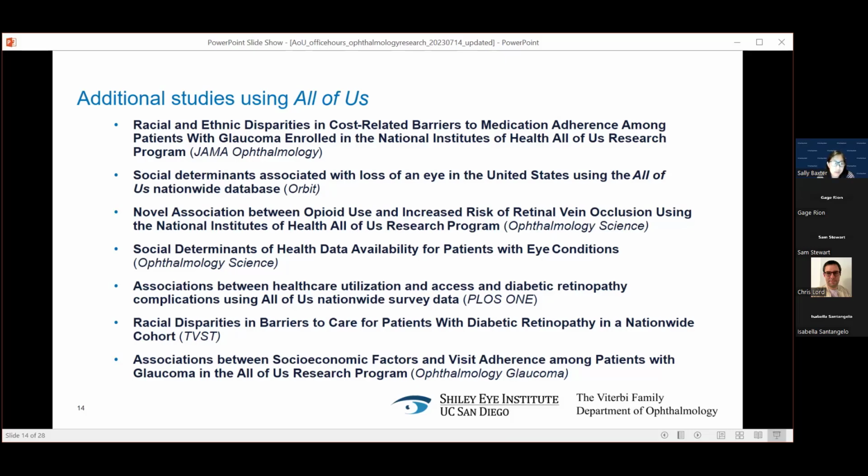And again, particularly because a lot of the conditions that we treat day to day, there's huge influence from socioeconomic factors and social determinants. A lot of things that we treat are chronic conditions, and people have to engage in care over time. And so these factors become very important.